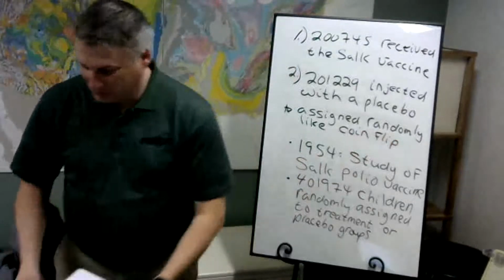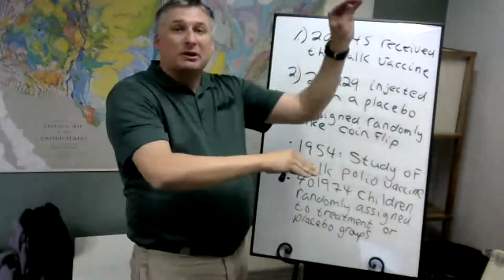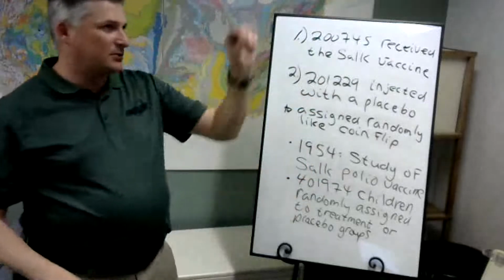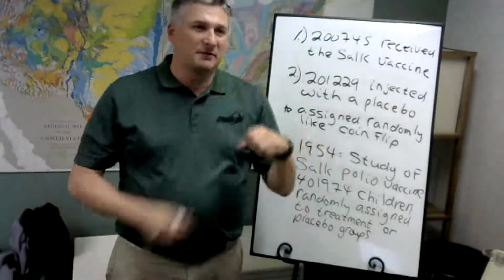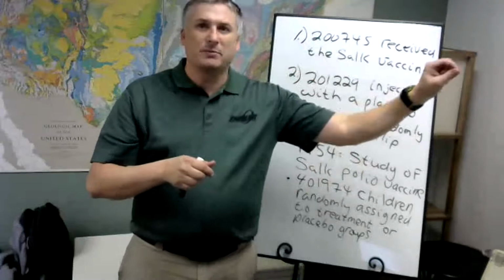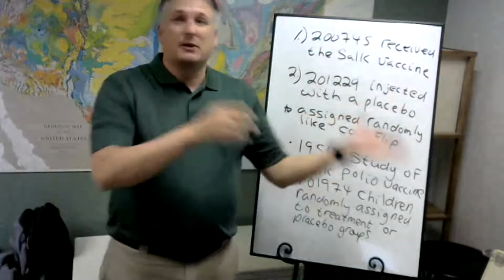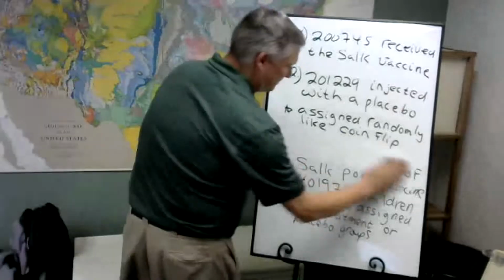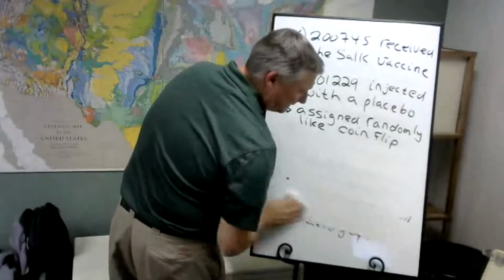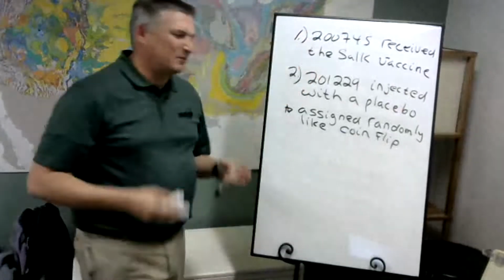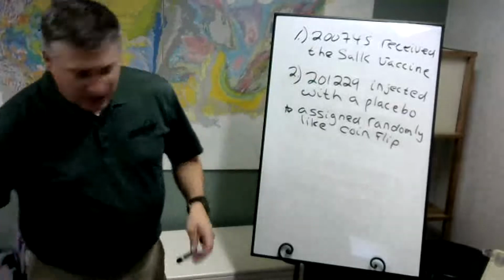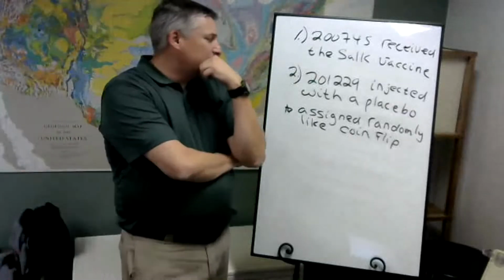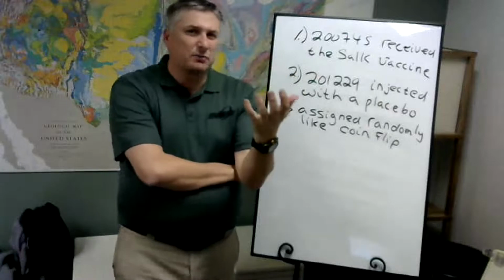So you have a list of subjects in this study, and you flip a coin, and if it's heads, this person goes into the treatment group. If it's tails, they go into the placebo group. Now they said it was like a coin flip. I don't know if that's exactly what they did. There are some controversies with how you assign things randomly.